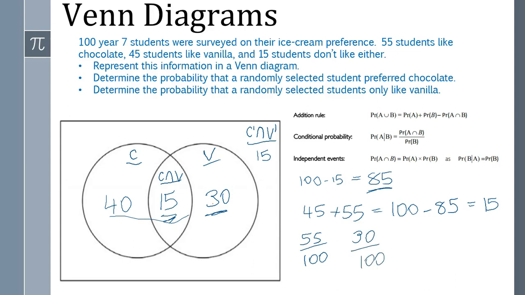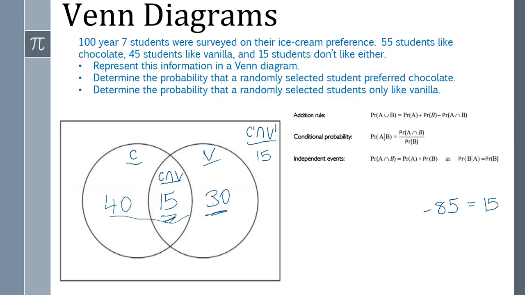Let's try and do this again using those formulas, because you're not always required to draw a Venn diagram, but it's a really good way to get your thinking straight. So here, the probability of A or B would be the probability of A, which was 45 in the original question, plus the probability of B, which is 55, minus the probability of A and B in the middle, which is 15.